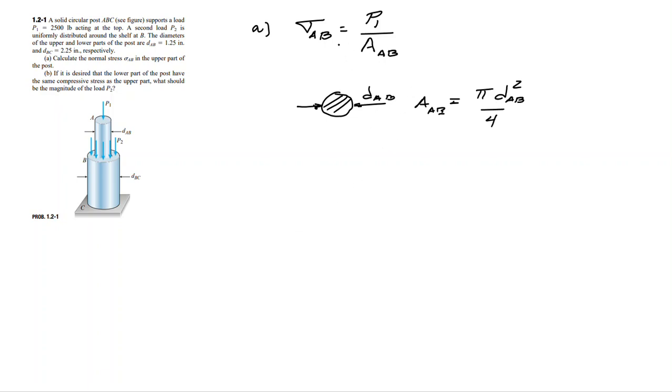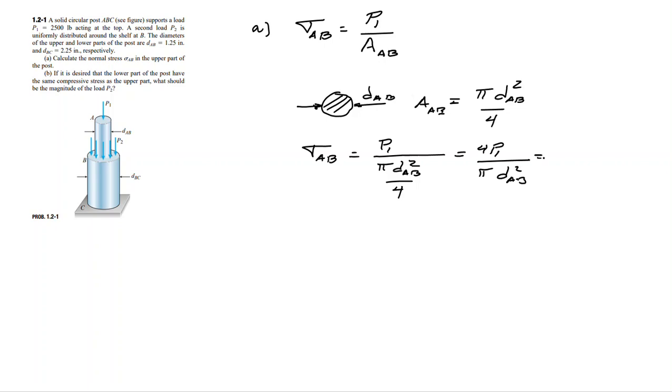To find the normal stress, the only thing I have to do is substitute in here. So my normal stress in AB is P1 over pi DAB squared over 4. Okay, so it will be 4 P1 over pi DAB squared.